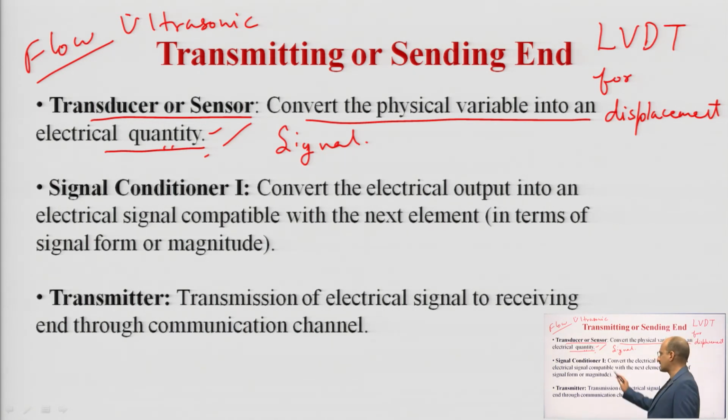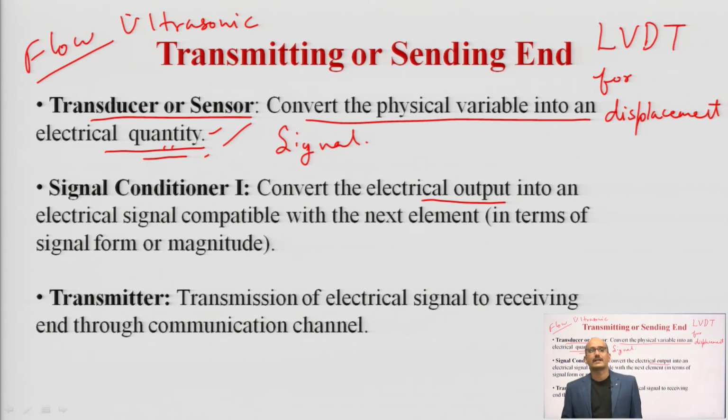Now, the second point is the signal conditioner. I mention signal conditioner 1 here as this is the transmitting or sending end. Signal conditioner 1 converts this electrical quantity into an electrical output, as the next part of this system works directly on the electrical signal, but you are getting an electrical quantity.